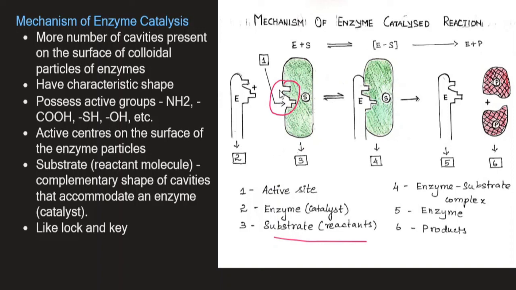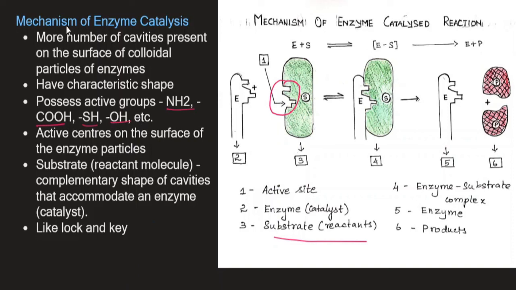So they possess active groups like amino group, carboxylic acid group, and thiol group. OH means alcohol, SH means thiol, then S means sulfur, then OH alcoholic group.